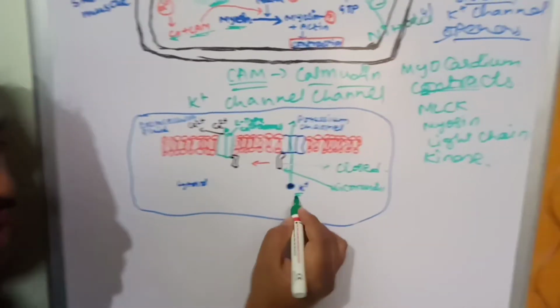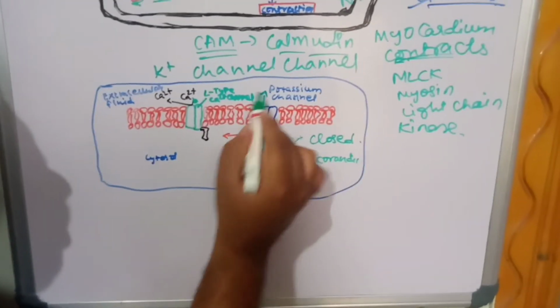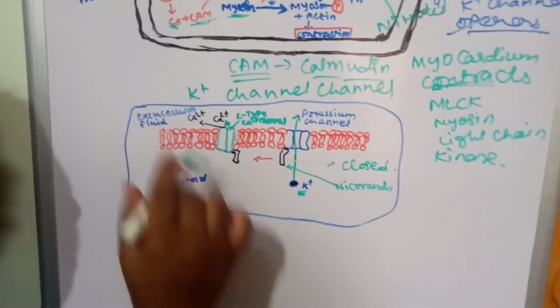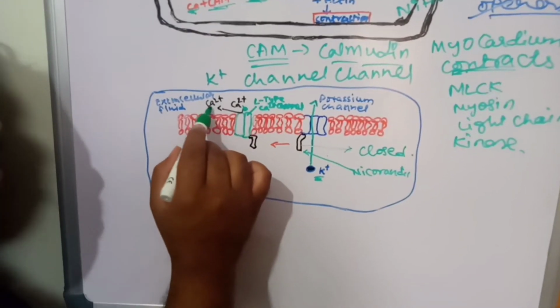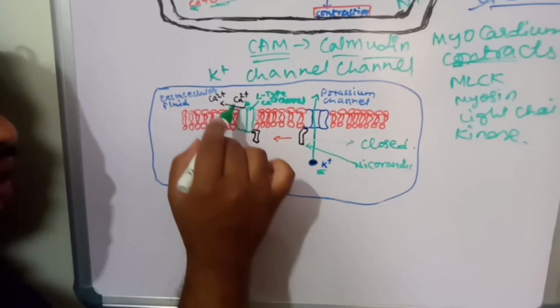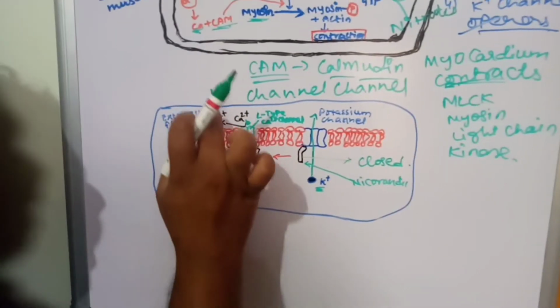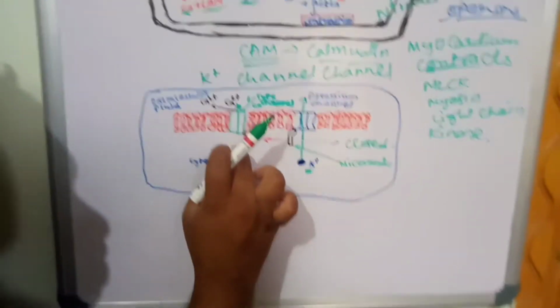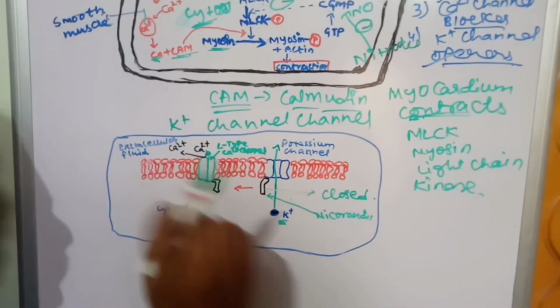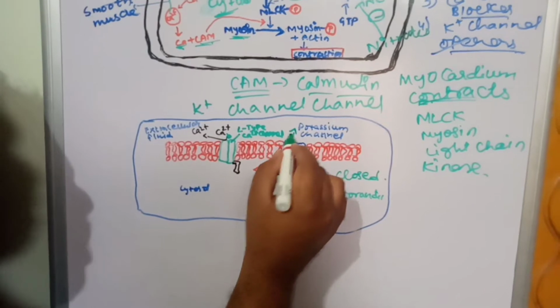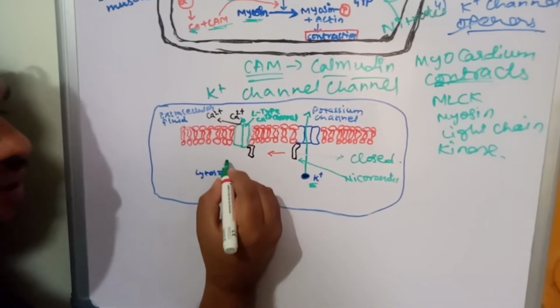As a result, potassium inside the cell will go to the extracellular fluid. Calcium would come inside the cell, but the channel is closed, which means calcium entry is closed, there is no contraction, there is relaxation. So potassium will go outside and calcium entry is prevented.